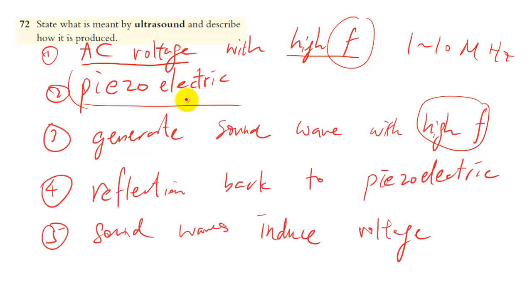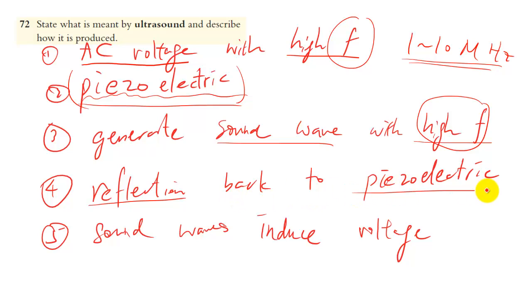Basically the working principle is that when you apply voltage to it, it will change the shape or the size of the crystal, and that will create the sound. And that sound wave will have the same frequency, so that we can create a high frequency sound. The best part is when the wave is reflected back to the piezoelectric, the sound wave will be converted back to voltage, and in that case you can analyze it with your computer.